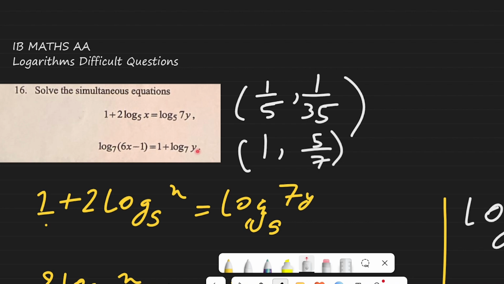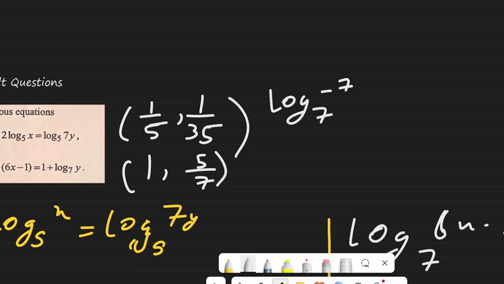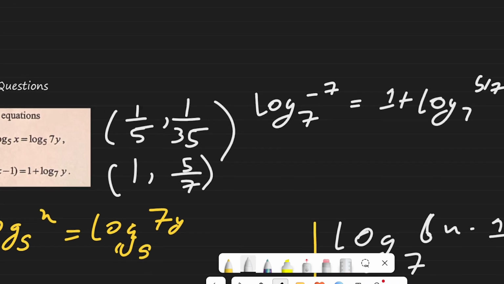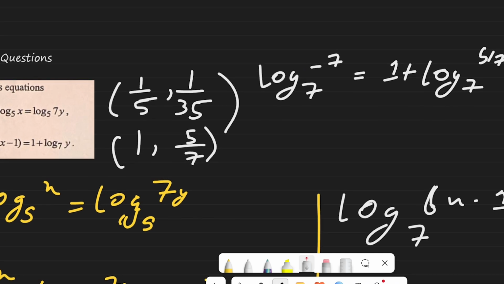Let's say if I had minus 1 over here, then it would be log of −6 − 1, which is −7, to the base 7, is equal to 1 + log of y, which is 5/7, to the base 7. Now I can see over here that log of −7 to the base 7 does not exist, because this cannot be a negative number, right? So that way it won't be correct.